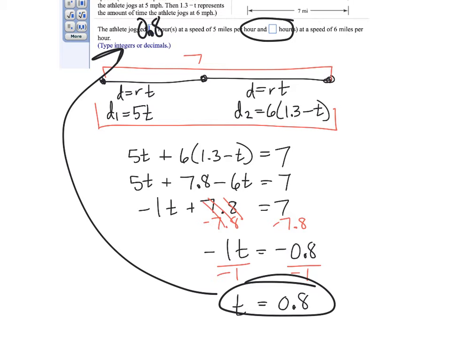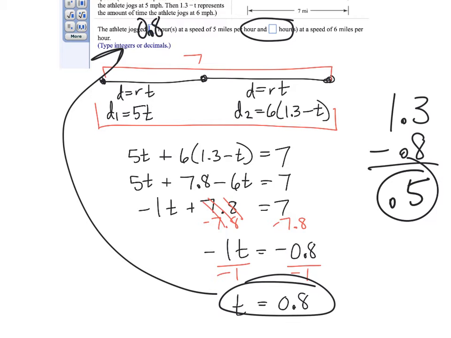Well, we know that he jogged 1.3 hours total, and 0.8 of those hours were at 5 miles an hour. So subtracting gives us 0.5. So that means he jogged at 6 miles an hour for half an hour. So there are your two answers, 0.8 and 0.5.